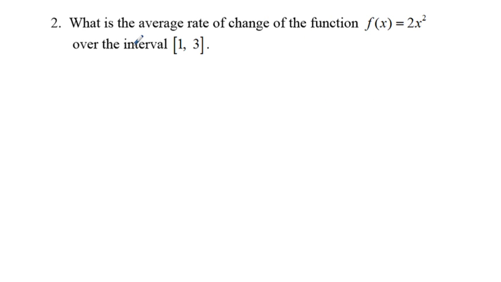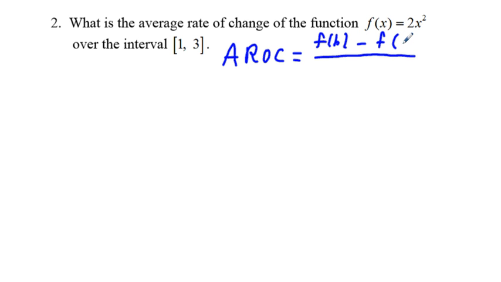Problem number 2, what is the average rate of change of the function f of x equals 2x squared over the interval from 1 to 3? Well, the average rate of change, we use what we call a version of the slope formula, which we're going to say average rate of change as an acronym equals f of b, which is the y value, minus f of a, which is another y or output value, over b minus a.